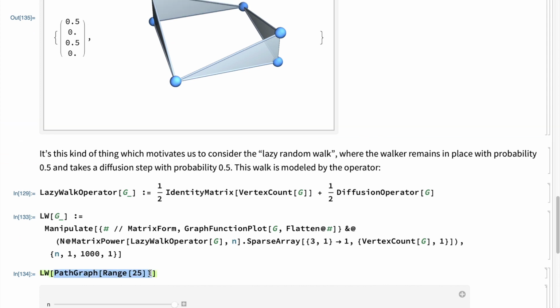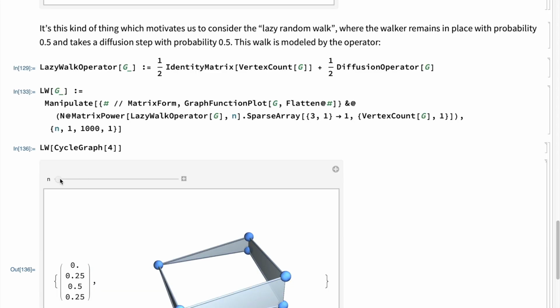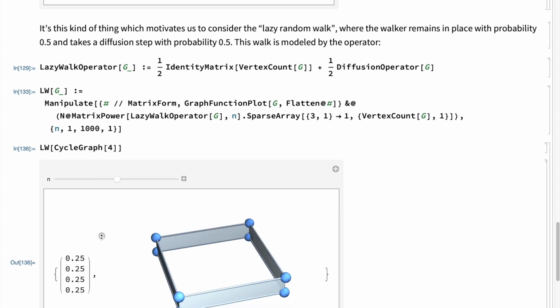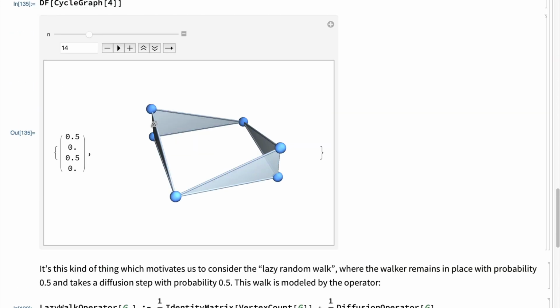But with lazy walk diffusion, it goes very quickly to equally probable in each of the 4 positions.